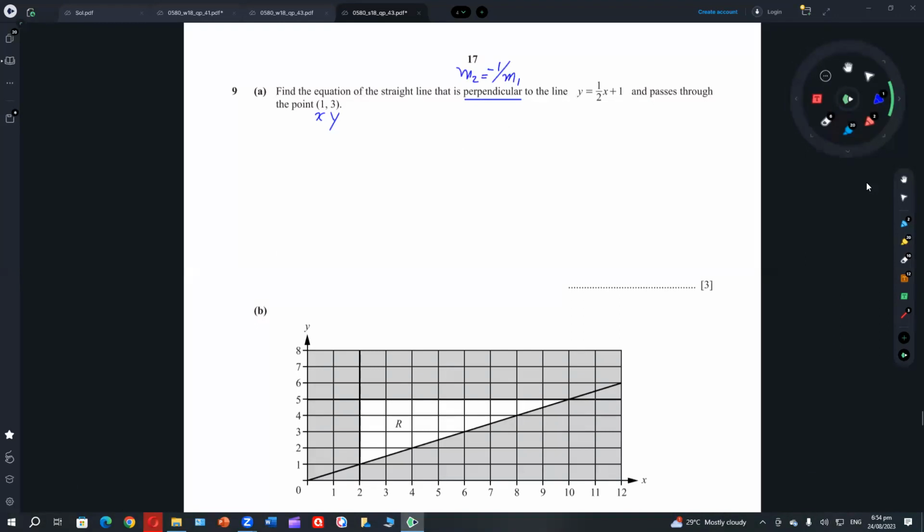How do we find the perpendicular gradient? Flip the gradient and change the sign. What's the rule? When you want to find the perpendicular gradient, flip the gradient and the sign also. Now, he has given us y is equal to half x plus 1.